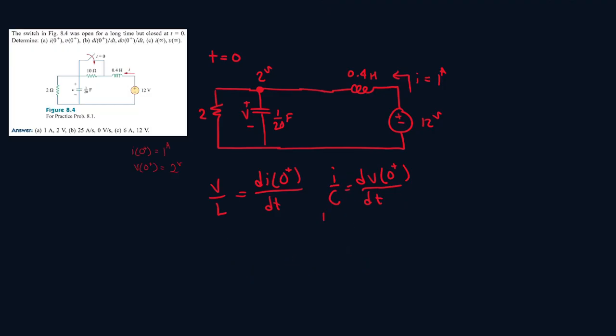So let's focus on this one. To find the voltage at our inductor, it's the difference of voltage here and here. We know the voltage here should be 2 volts, and the voltage here should be 12 volts. So 12 minus 2 is just 10 volts. So di over dt is going to be 10 volts over the inductance value, which is 0.4.